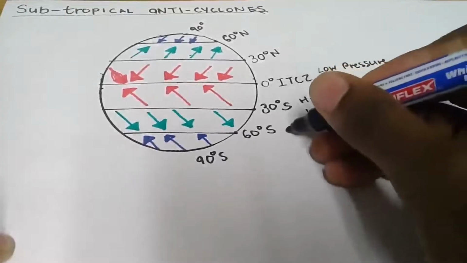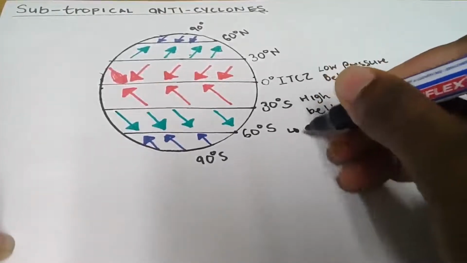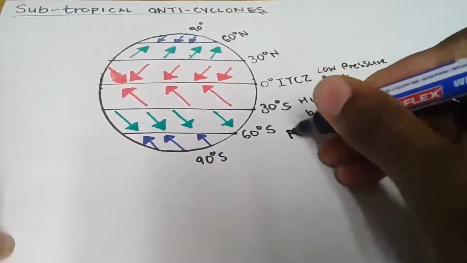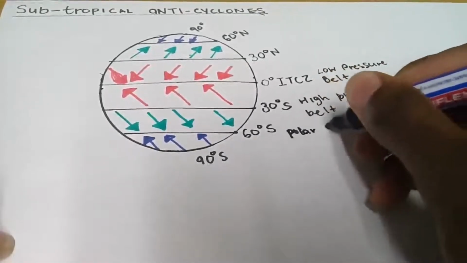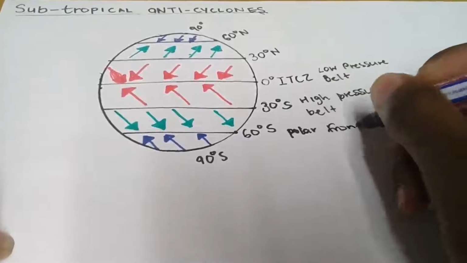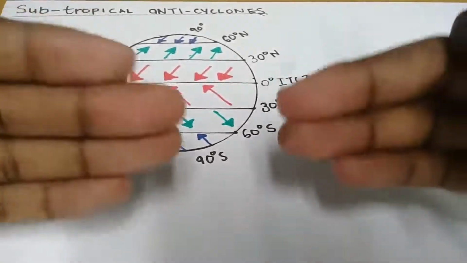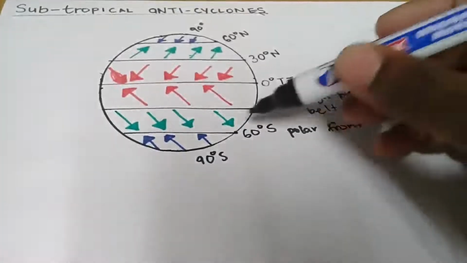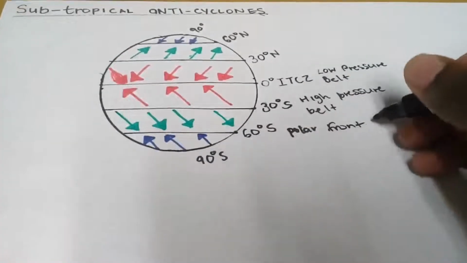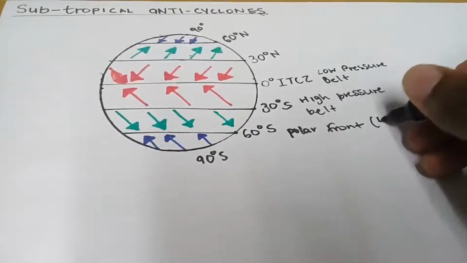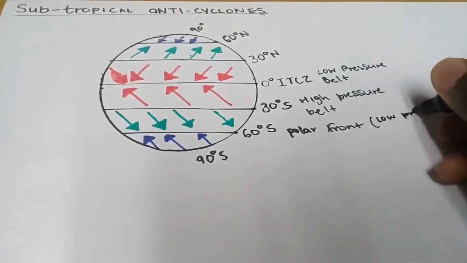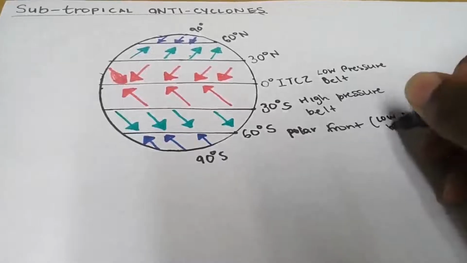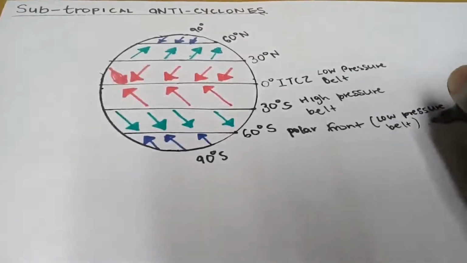It's a polar front, where the different air masses meet together. It's a low pressure belt.